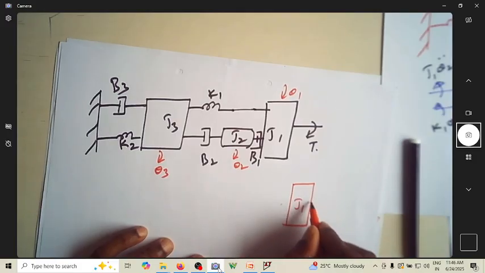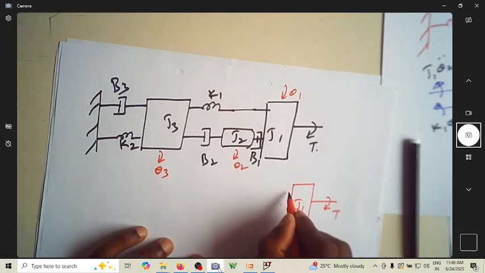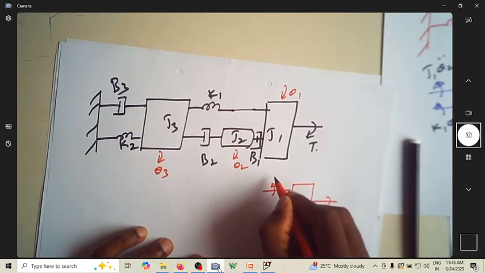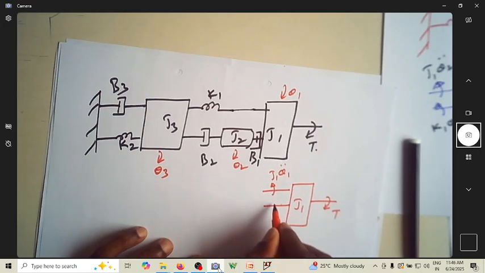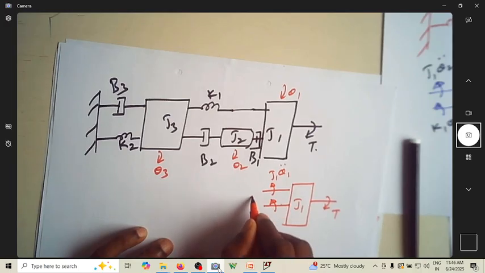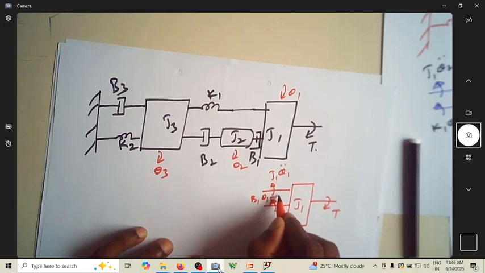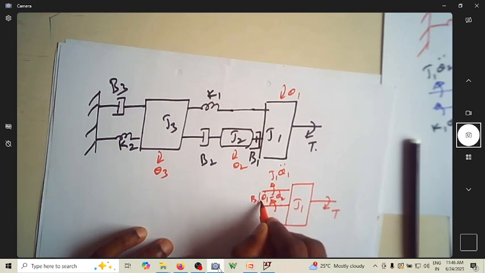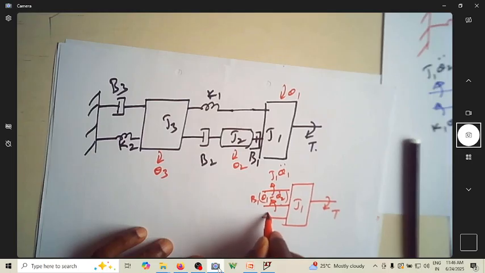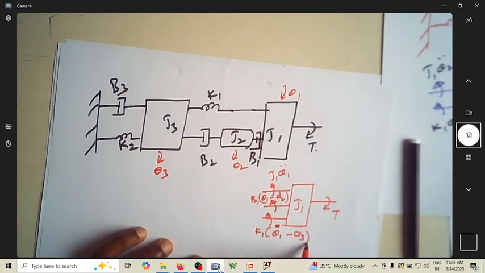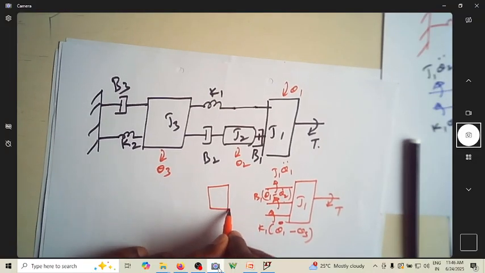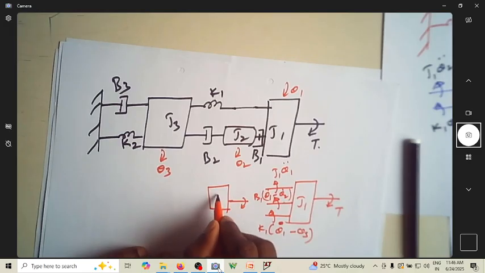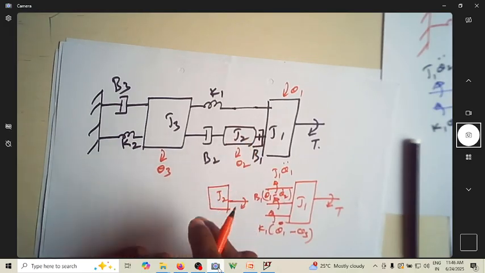This is J1, the acting torque. The opposing torques are J1 theta 1 double dot, due to B1 it is B1 (theta 1 dot minus theta 2 dot), whereas for K1 it is theta 1 minus theta 3. So this will be the acting torque on J2.